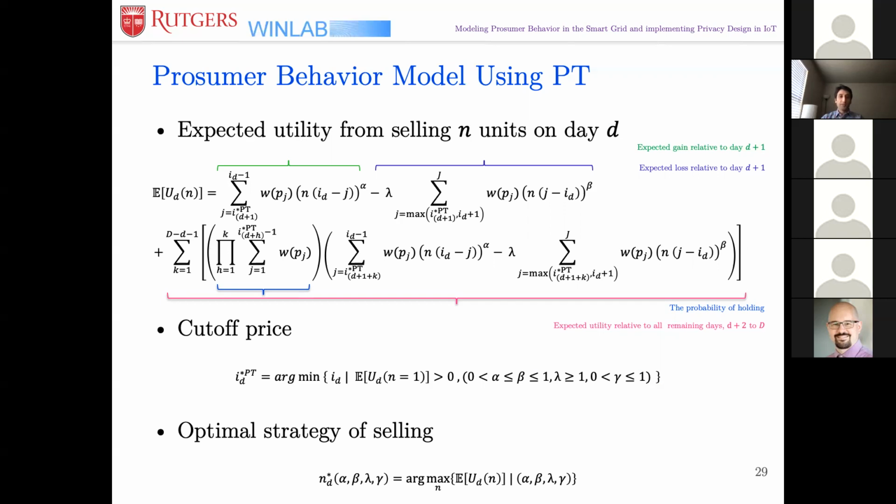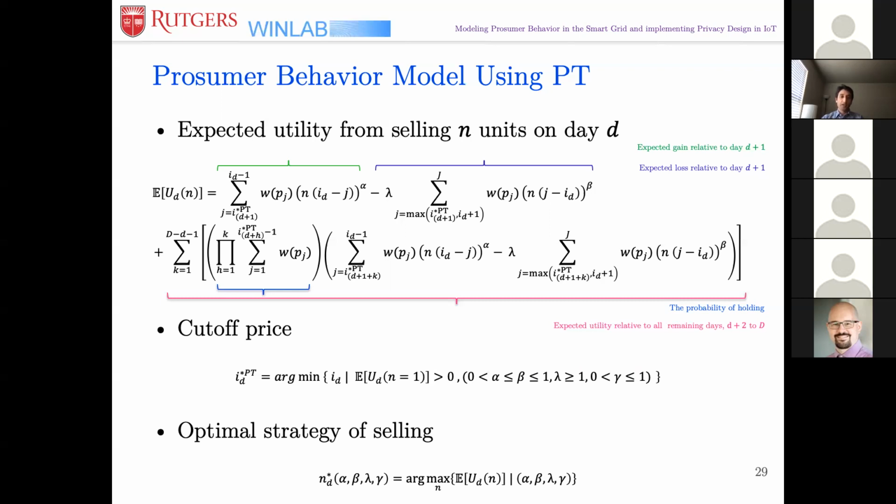Similarly, the expected loss from selling n units at price p_D is determined by considering both the probability weighting and framing effects. If n units were sold on day D, then the probability that they would be sold at a higher price on a subsequent day over all possible higher prices is multiplied with the corresponding loss in prices and then framed by variable beta and weighted by the variable gamma.